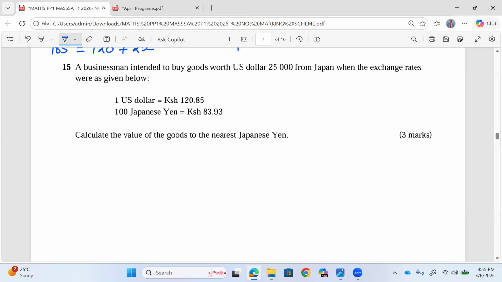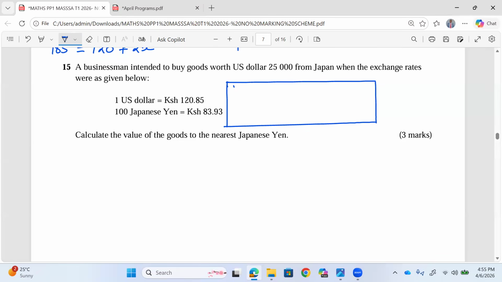Even before I get to the exact question, allow me to give further interpretation of this. Let me simplify the rates and give them differently.